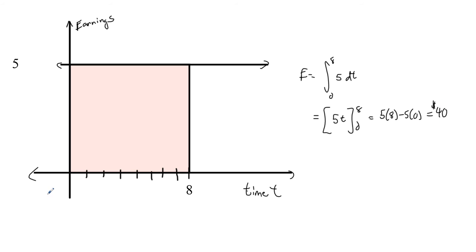So again, the integral as an accumulator, this differential equation is going to give us a rate at which we can add up our earnings over the course of the 8 days. So again, that's a pretty simplistic one, but the basic concept still works.